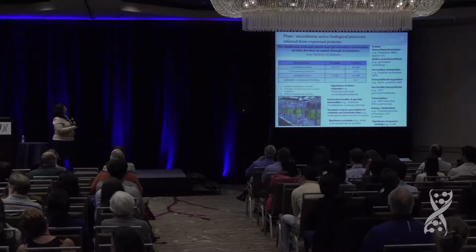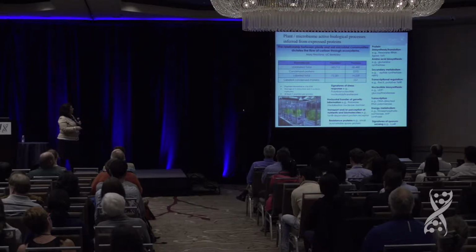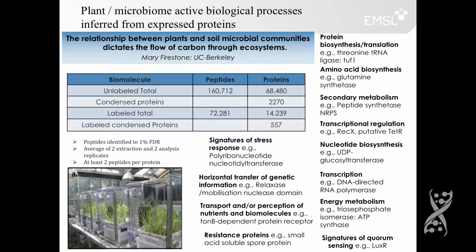That means I have 100 citrate synthases and 78 ATP synthases. So I took all the proteins and condensed them down into functional annotations. And what we end up with is about 2,200 proteins that correspond to what I'm going to just call our gross bacterial load in our soils.